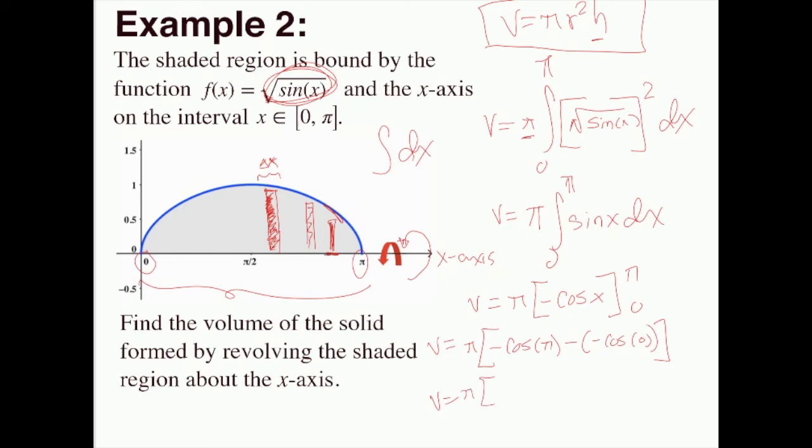Cosine of pi is -1, but the negative of -1 is 1, minus cosine of 0, which is 1, but there's a negative in front of the cosine, so it's -1, and 1 minus -1 is 2. Don't forget the pi out front, so it's 2 pi, and that is the volume of the solid of this region revolved around the x-axis.